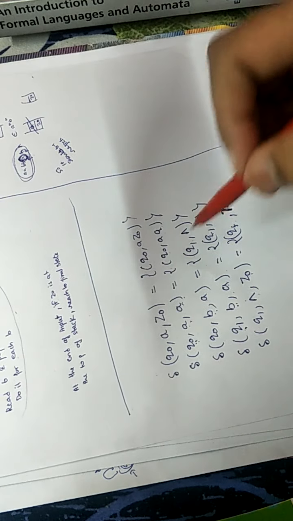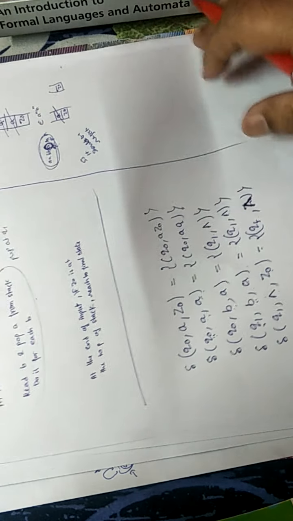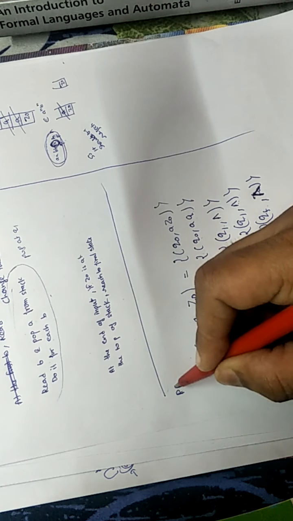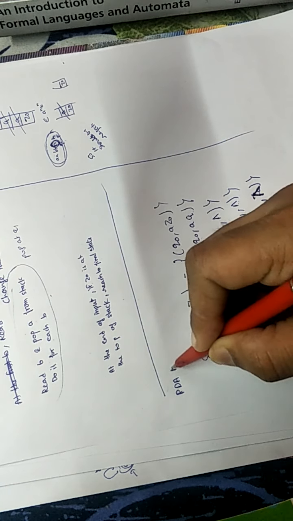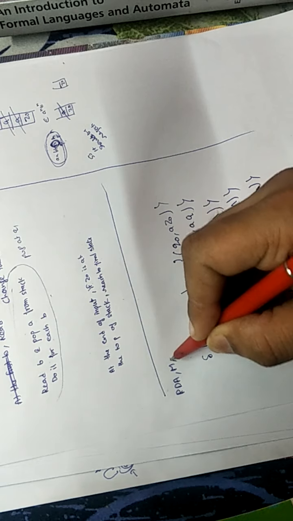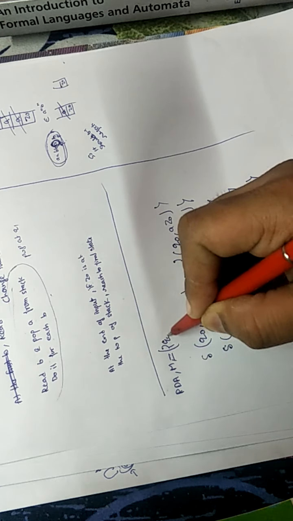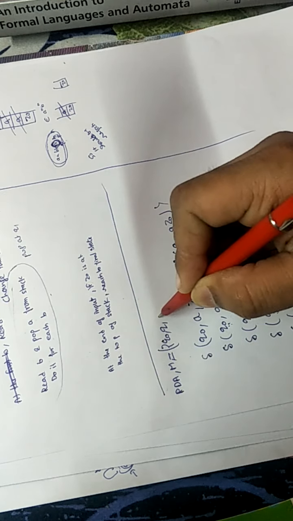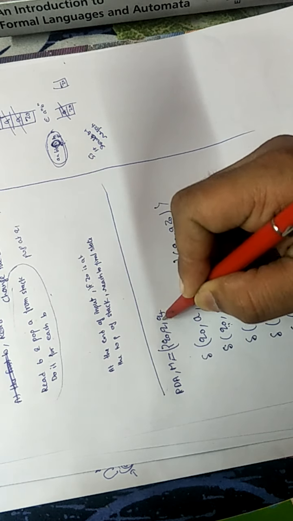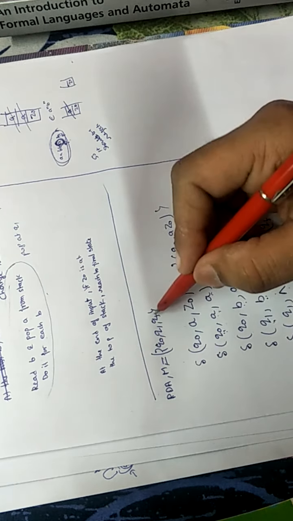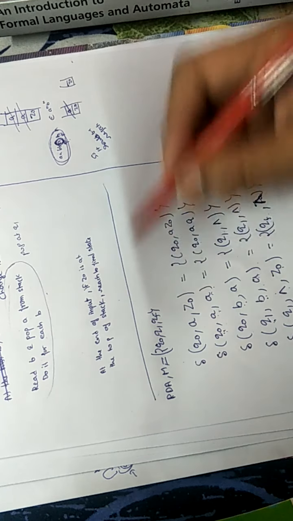So this is the PDA, but these are only the transitions. What is a PDA? PDA M is, first, the set of states. We have three states here, Q0, Q1 and QF. You can name it Q2 also.